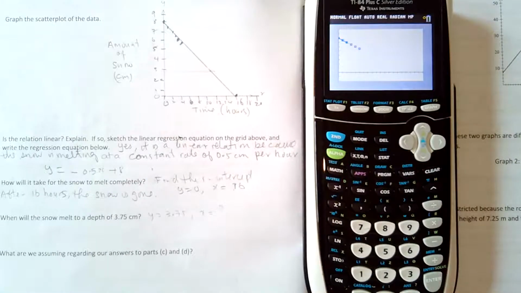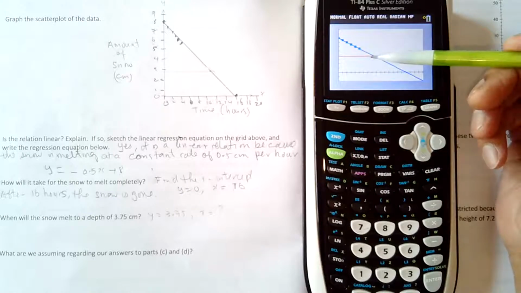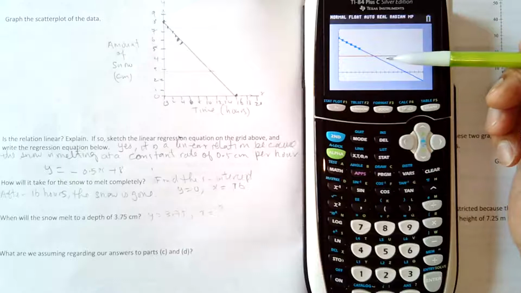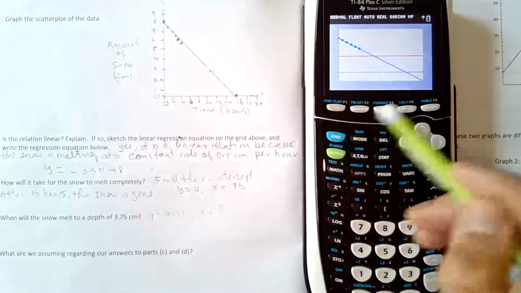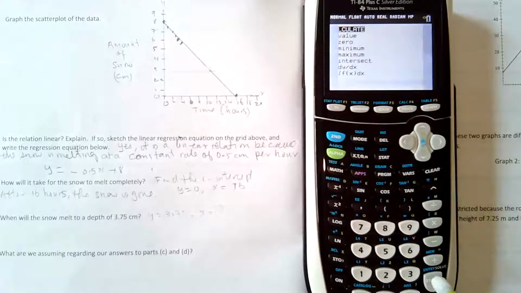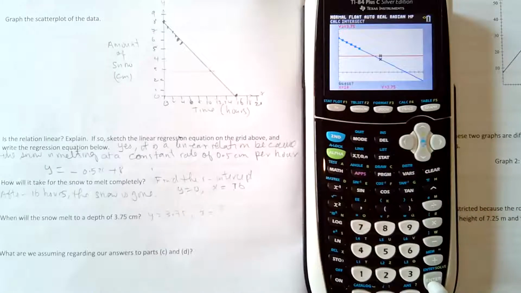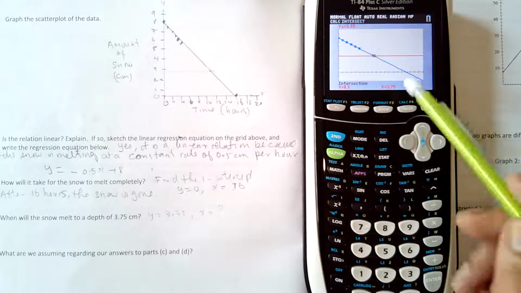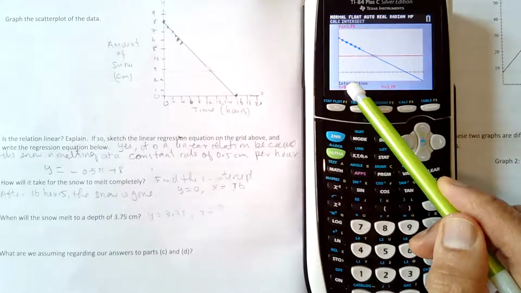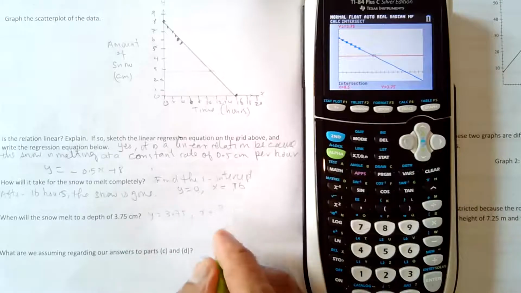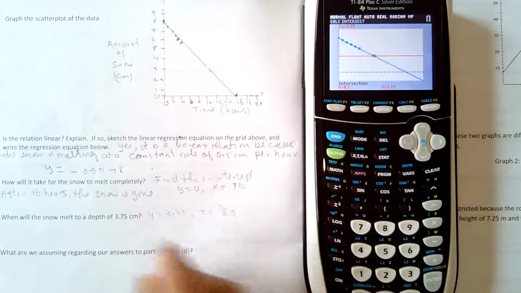So y equal button, graph button, and I'll get my graph. This is a depth of 3.75 centimeters. So now I press second trace. I'm going to intersect. So after 8.5 hours, so that'll be 8.5.